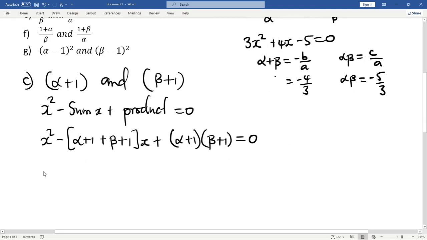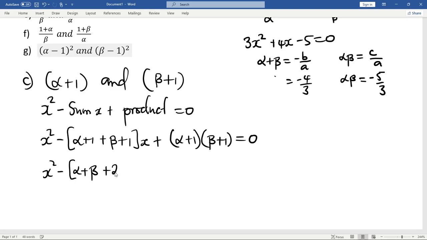Then here we have x squared minus, open brackets, we're going to have alpha plus beta plus 1 plus 1, we're going to get a 2 here. We close, we have an x here plus. Then when we expand the brackets that we have this side, we're going to have alpha beta plus alpha plus beta plus 1 equal to 0 here.